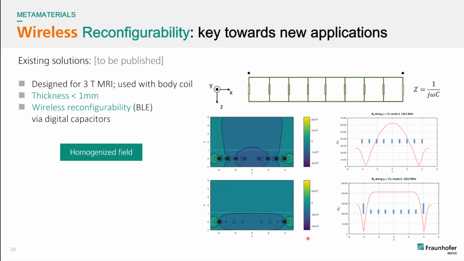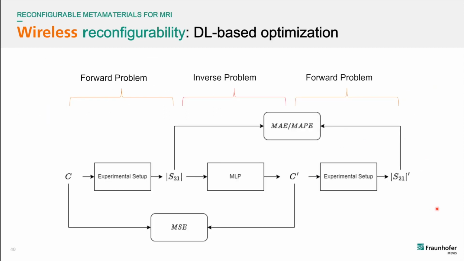For example, you can use it to homogenize your RF transmit and/or receive field. We do have a mathematical description for this, which works so okay. So on paper, it works quite okay. But of course, if you have different load, it will be pretty difficult to control all the different capacitors.